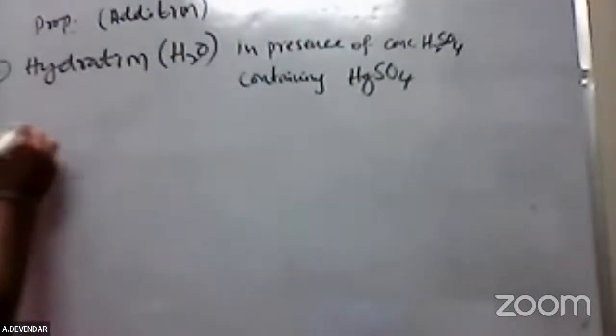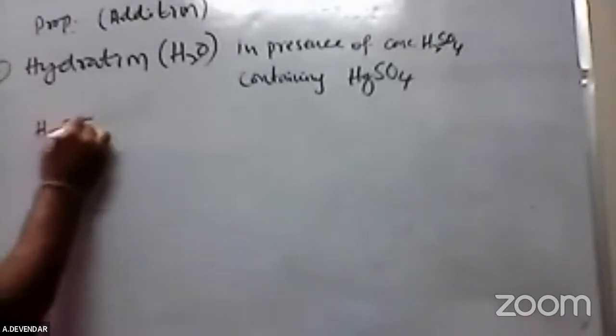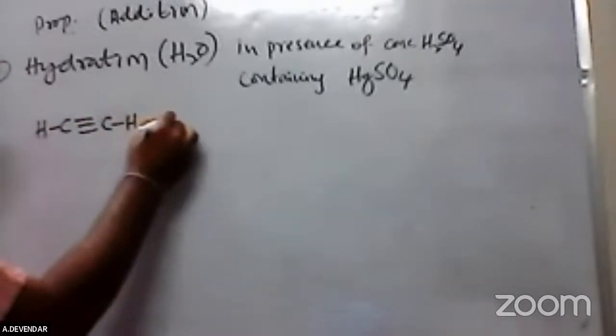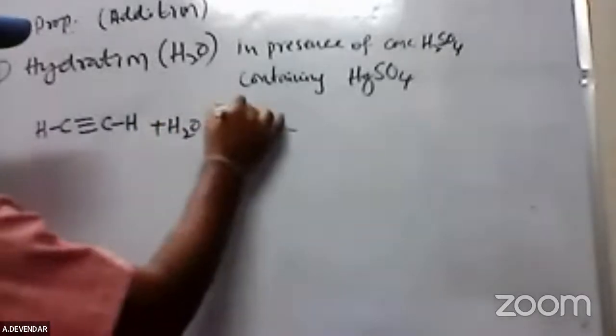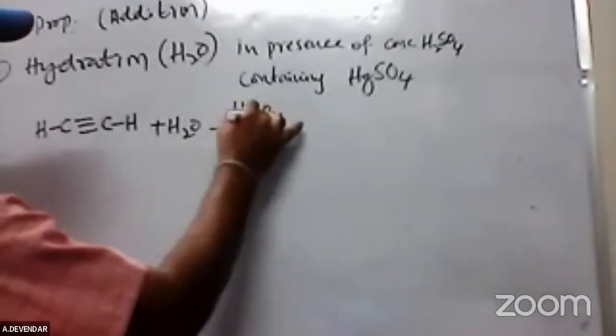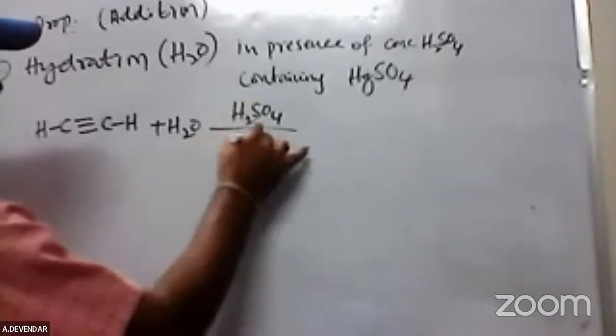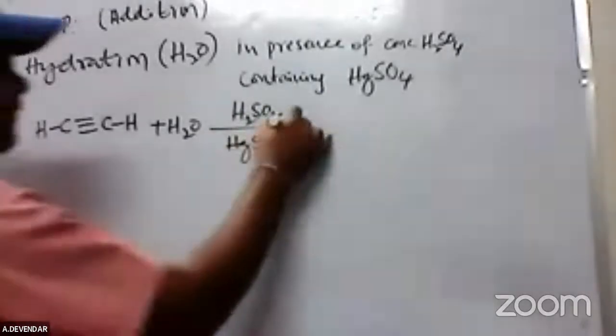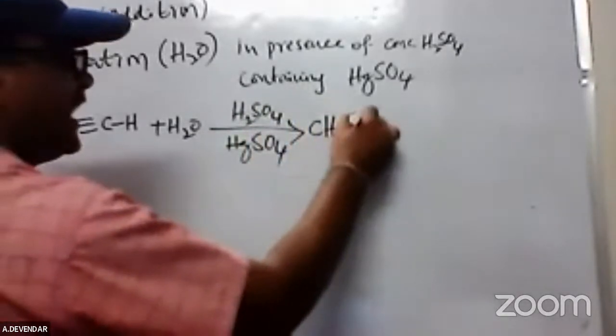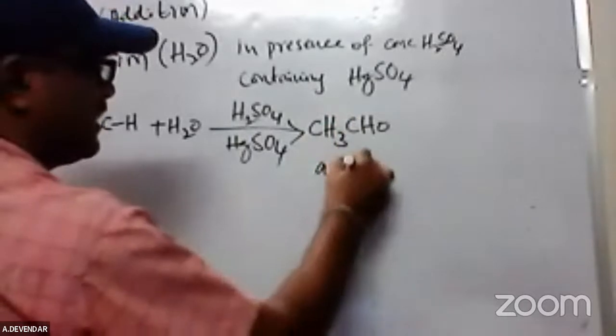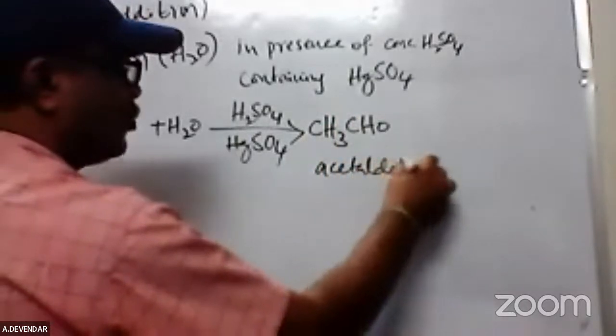See the mechanism of the reactions. When you use ethylene gas, it is hydrolyzed, but in presence of sulfuric acid containing mercury sulfate, it simply forms acetaldehyde. This is acetaldehyde. How to prepare acetaldehyde from ethylene?